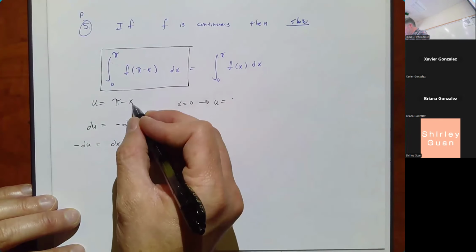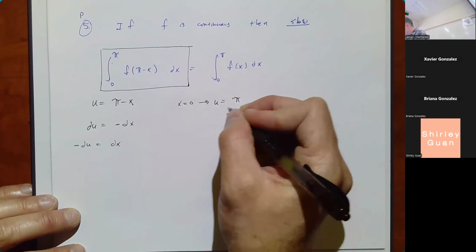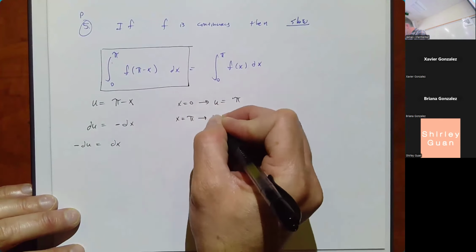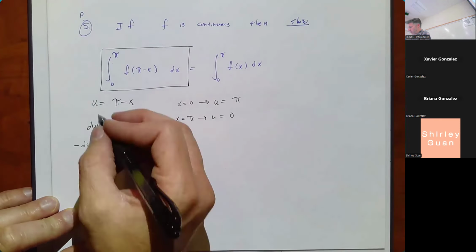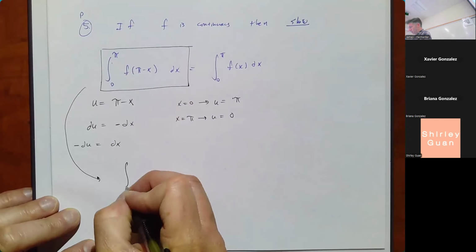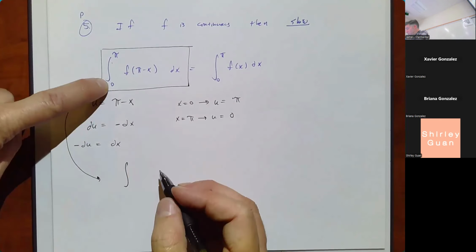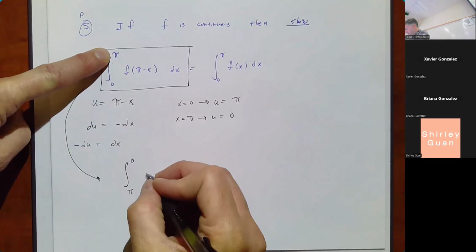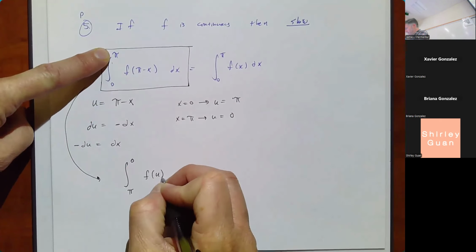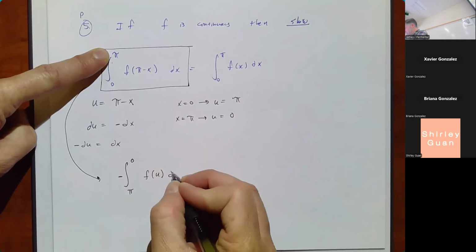If x is 0, thank you. And if x is pi, what's u going to equal? Right. Pi minus pi. So then rewriting the integral, it's going to be the integral from u equals pi to u equals 0 of f of u times negative du.